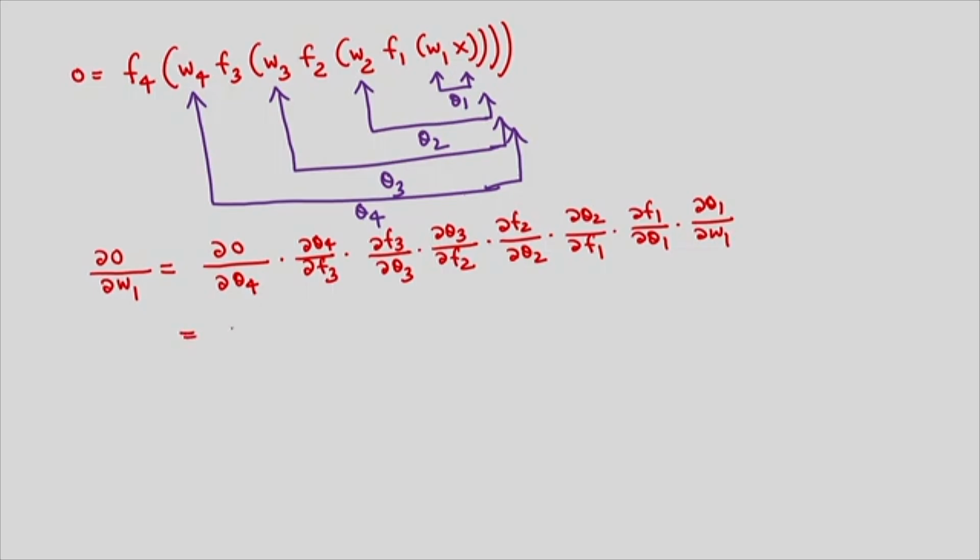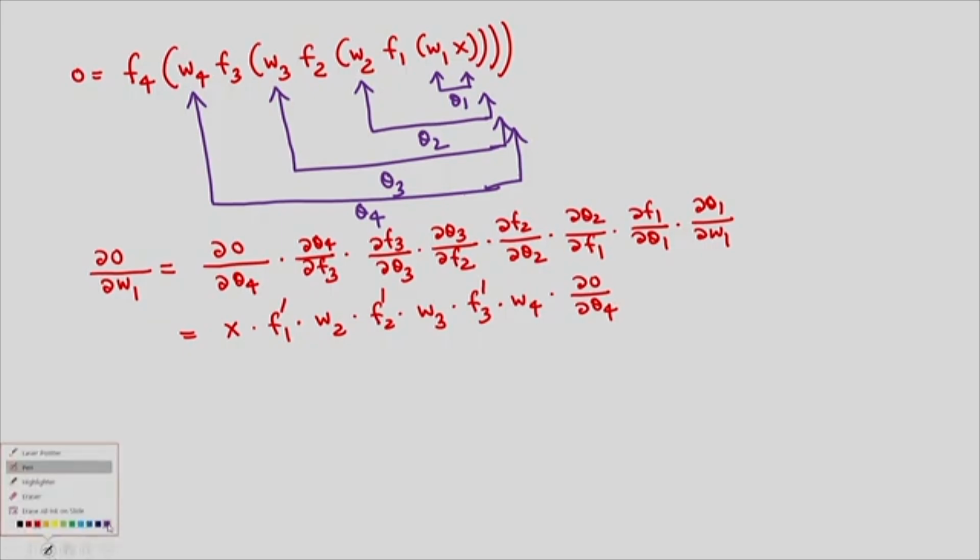Which can be written like this: X into F1 dash into W2 into F2 dash into W3 into F3 dash into W4 into del O divided by del theta 4. So I can write like this.